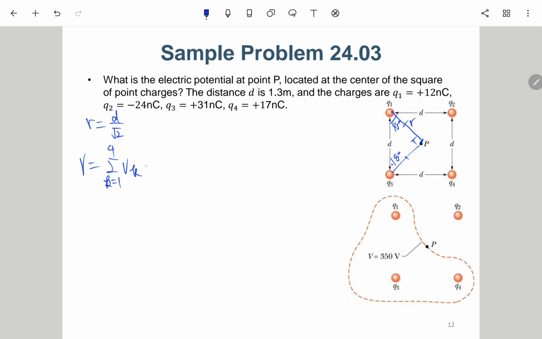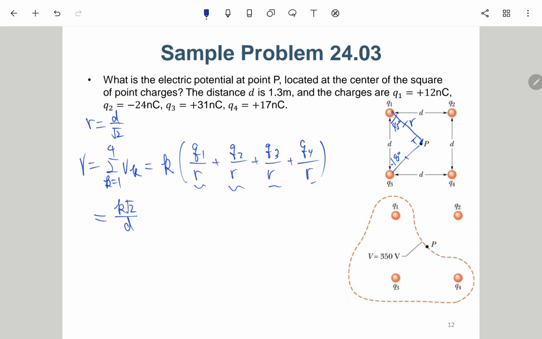Okay, so it will be equal to K times Q1 over R, plus Q2 over R, plus Q3 over R, plus Q4 over R. So it would be nothing but K times square root of 2 over D. Okay, so we just factor this out, and then we have Q1 plus Q2 plus Q3 plus Q4, and then we can put in the numbers.